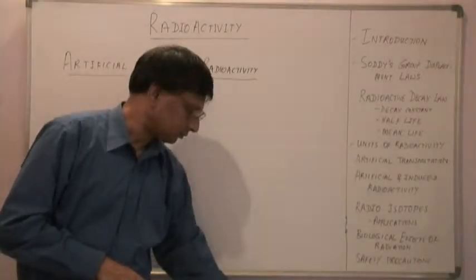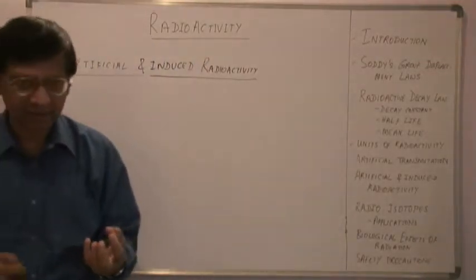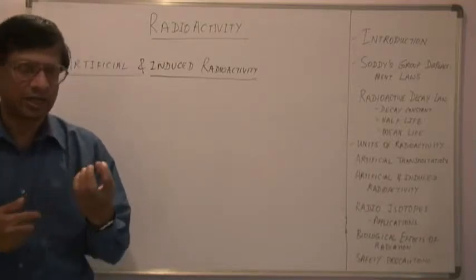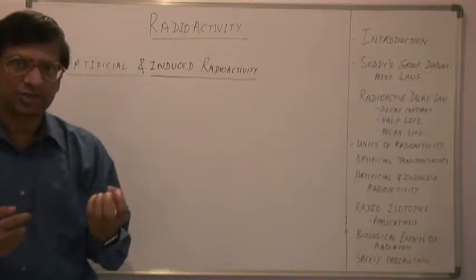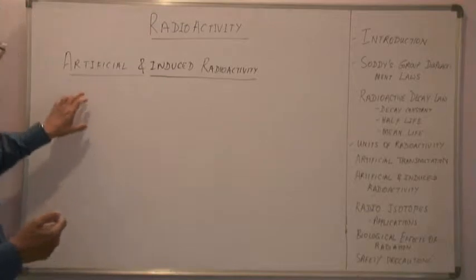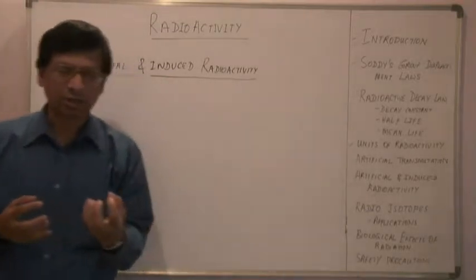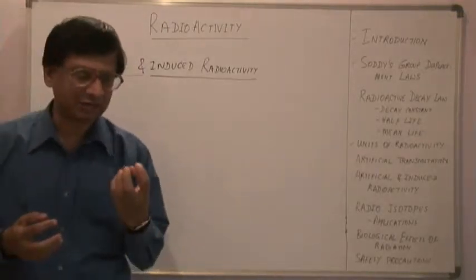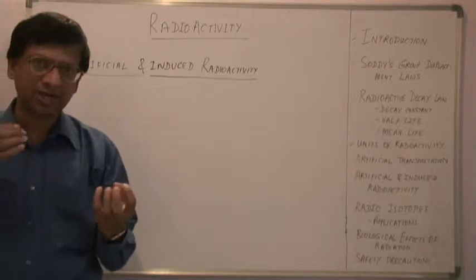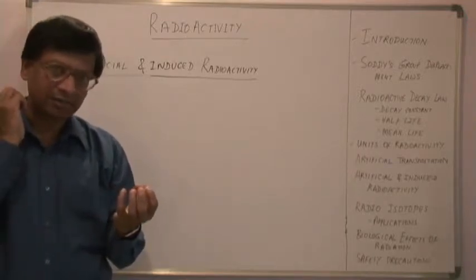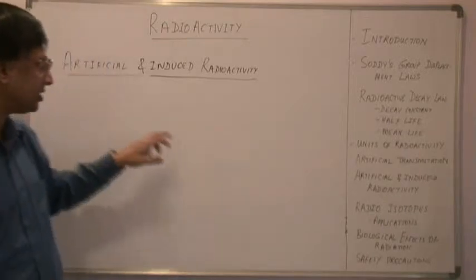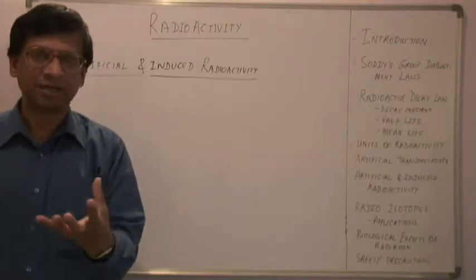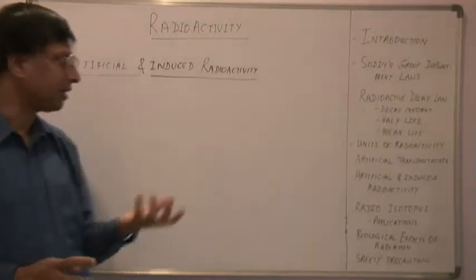We said radioactivity is an instantaneous process with no external forces acting on it. A nucleus emits radiation and undergoes change. Whereas in artificial radioactivity, we are talking about nuclei of elements that are otherwise stable but become unstable when I make another external particle impinge on them. The nucleus becomes unstable at that time and then disintegrates into two different elements.